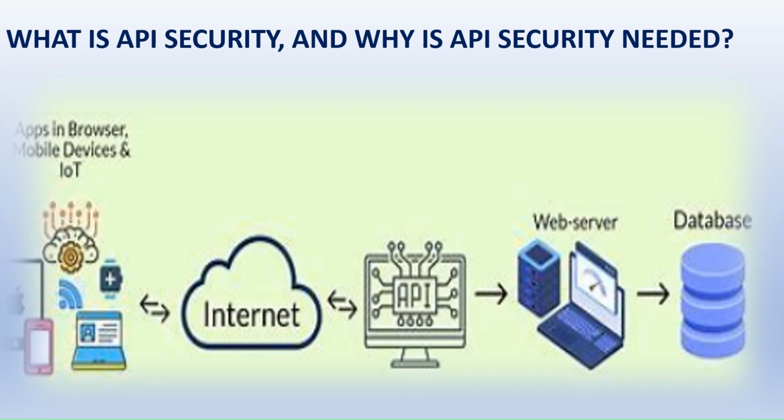This strategy should cover various aspects such as authentication, authorization, encryption, and monitoring. The most widely used API architectures are SOAP, REST, and GraphQL, each with unique security concerns that require careful consideration.